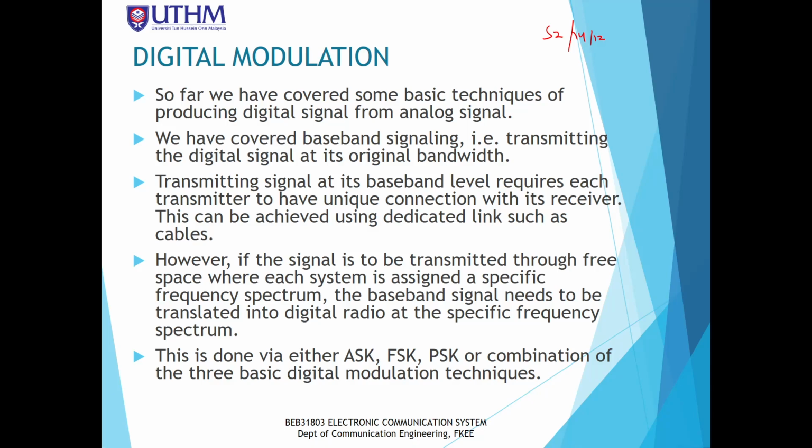We modulate with the analog carrier, which has a higher frequency compared to the input, and it is going to produce ASK, amplitude shift keying, or frequency shift keying, or phase shift keying. If the modulation changes the amplitude of the carrier in accordance with the input, we call it amplitude shift keying.